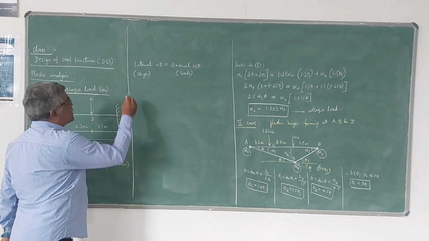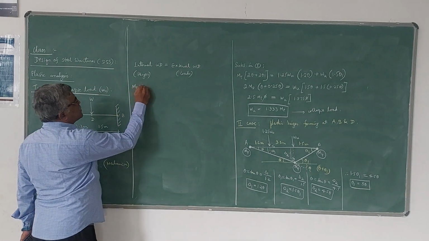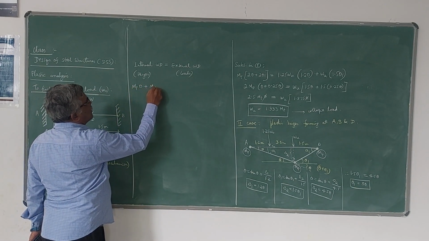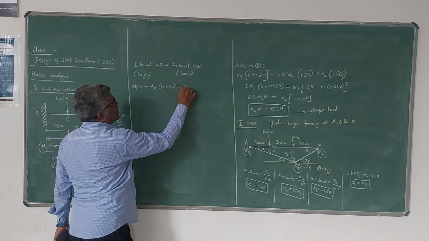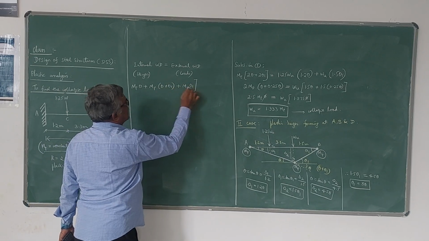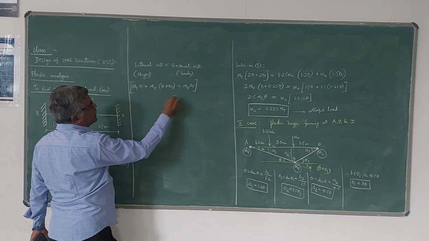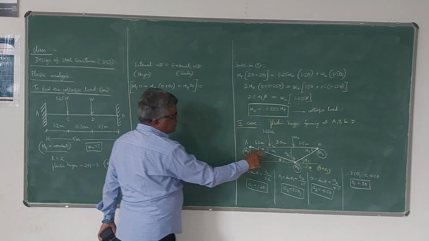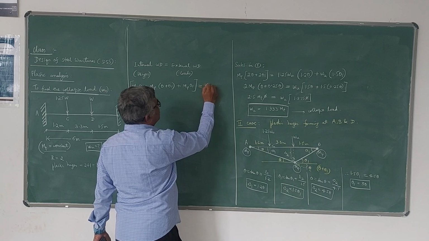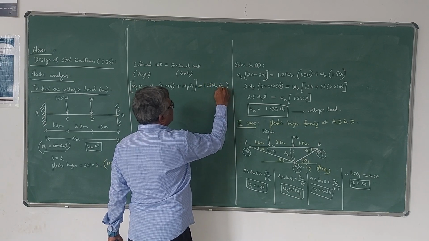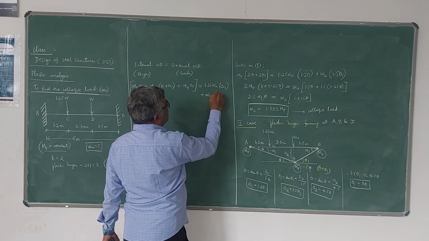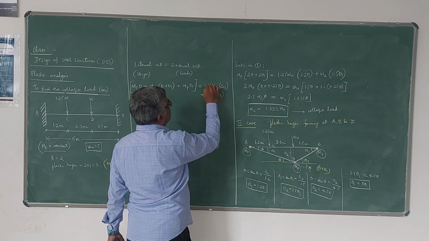So there are 3 plastic hinges. At each plastic hinge you have the rotations, plus MP into theta 1. This is the internal work done. This should be equal to external work done, which is 1.25 WU into delta 1 plus WU into delta 2.